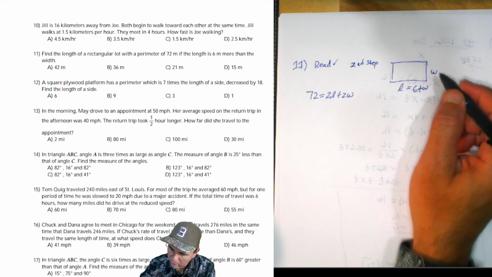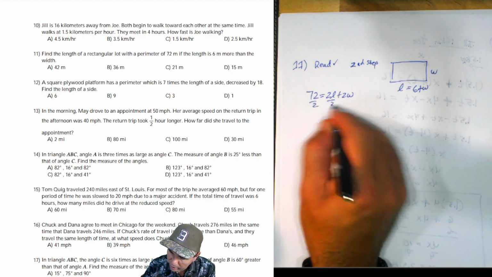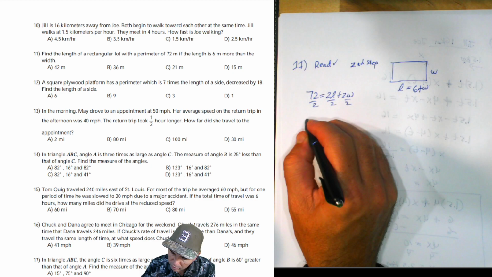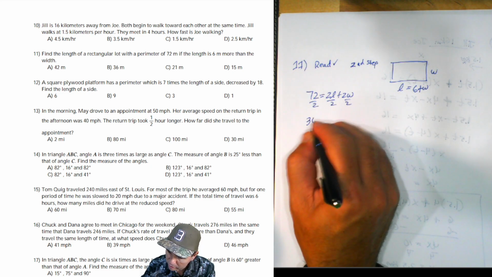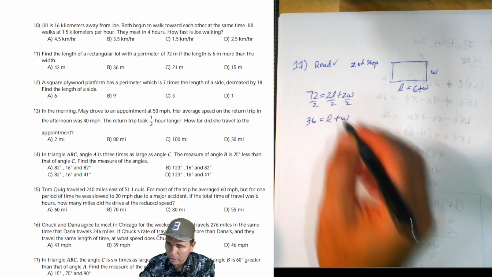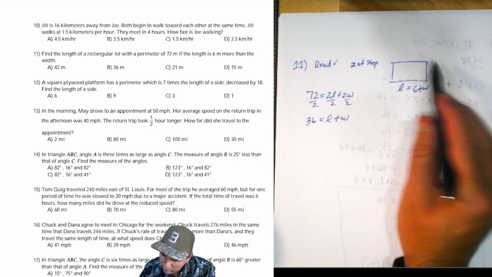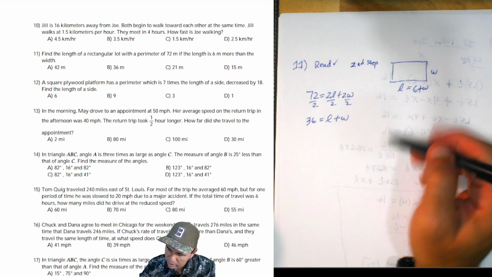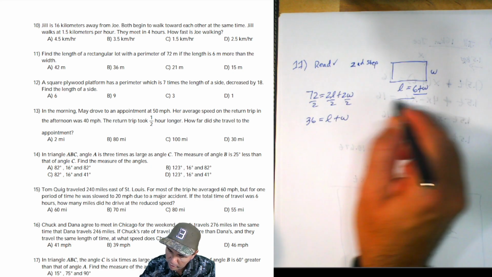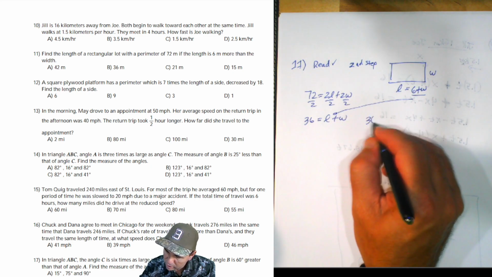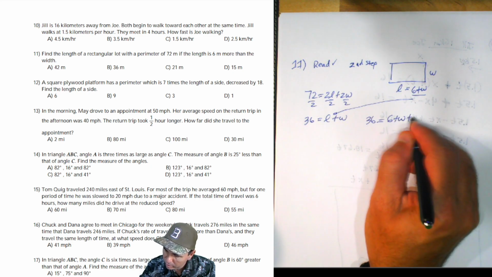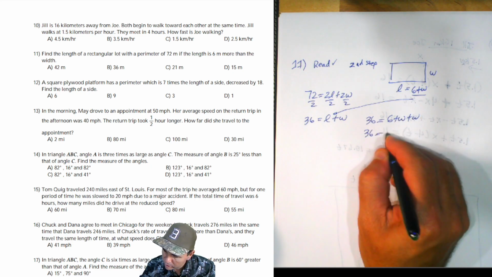So we're going to divide everything by 2 over here. So we're going to get 36 is equal to L plus W. Think about it. If the whole way around is 72, halfway around is 36. Then we're going to substitute this for that. So we get 36 is equal to 6 plus W plus W. So 36 is equal to 6 plus 2W.